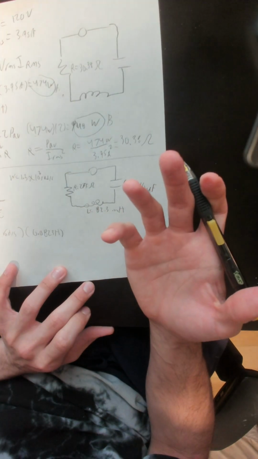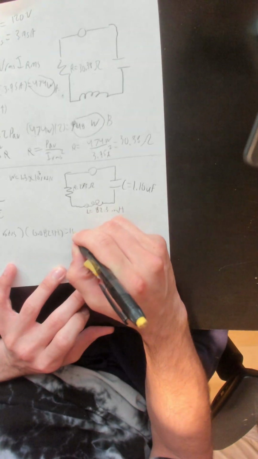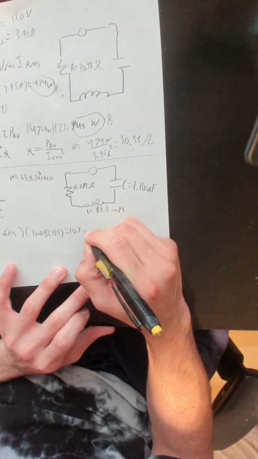We multiply together, and we get a reactance of 107 ohms.